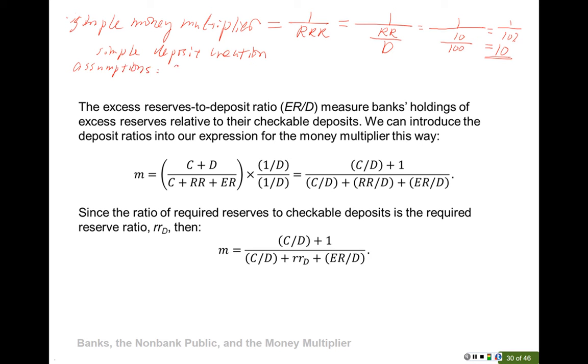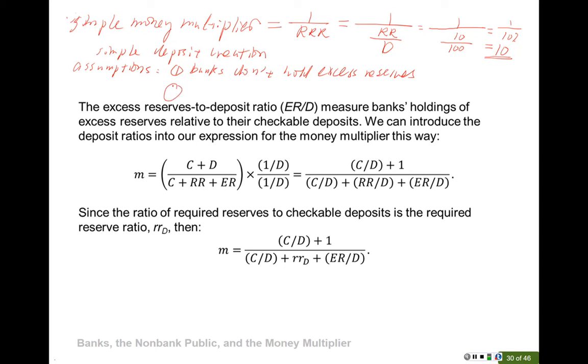The first assumption we make is that the banks do not hold excess reserves. If you go back to the slides, we show the simple deposit creation process. You can see each bank only keeps the minimum required reserve and then lends out the rest of the money. So that's the first assumption we make.